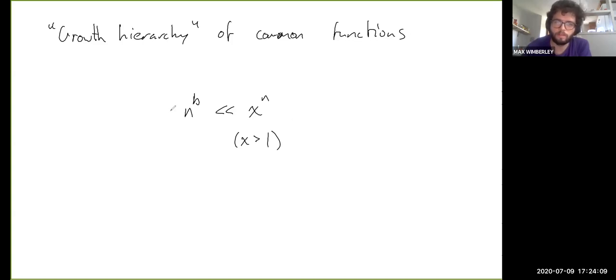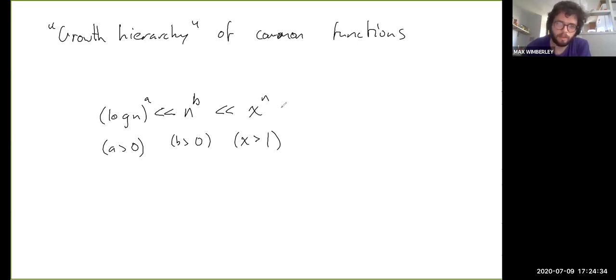So for example, any power of log, so log of n to the a, for b greater than 0 and also for a greater than 0. Any power of log will grow much slower than any power of n, right?